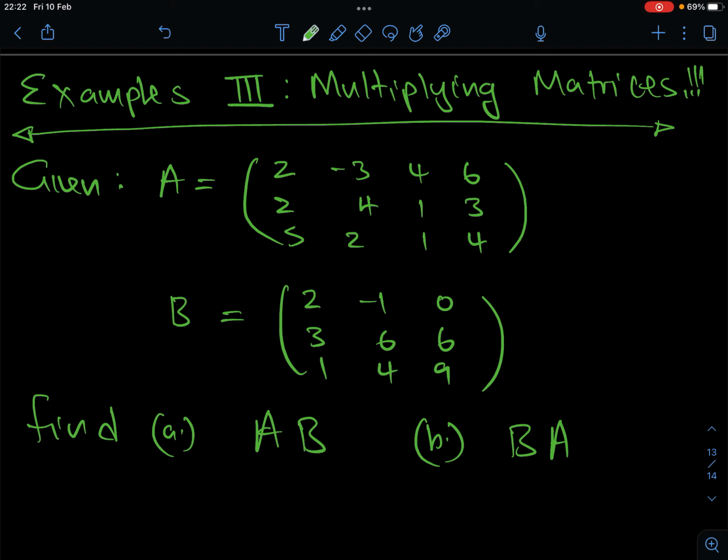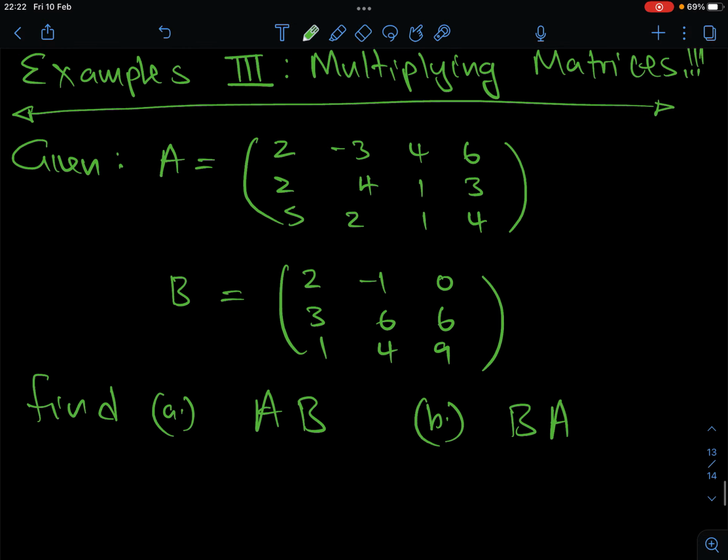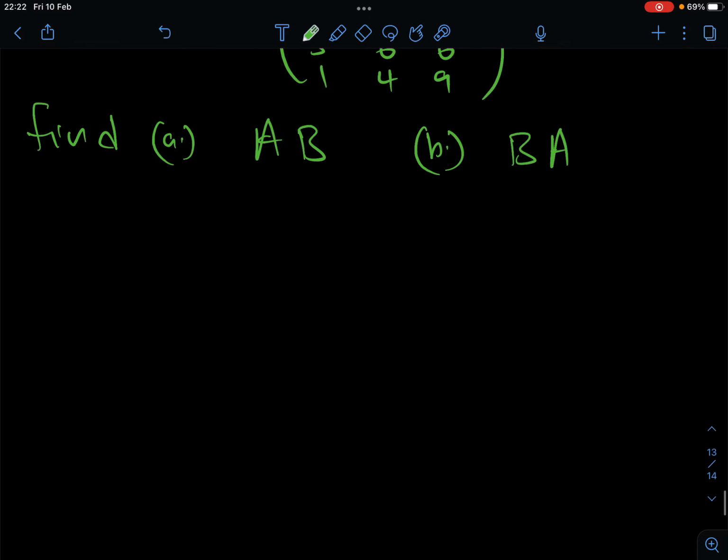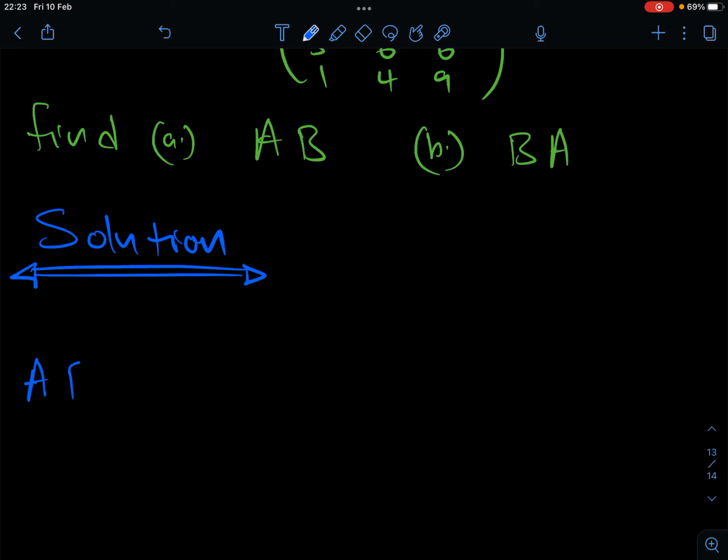We are given these two matrices and we want to multiply. I'm going to do one example to demonstrate multiplication, because one example will be enough for the whole procedure. So how do we deal with this? We want to find AB.